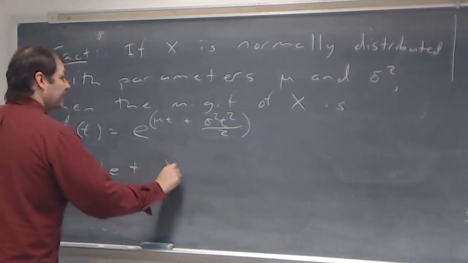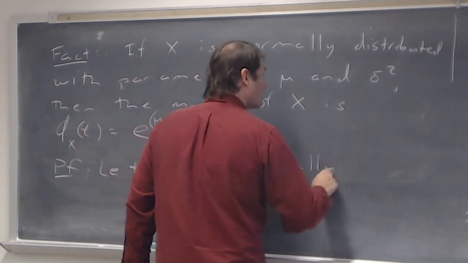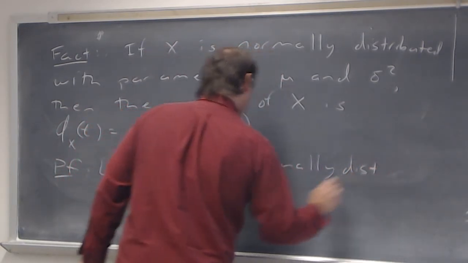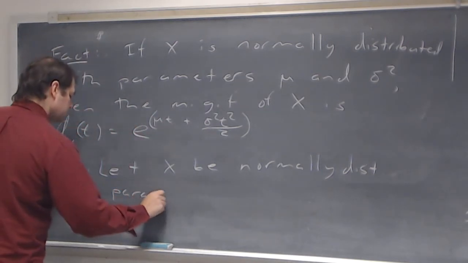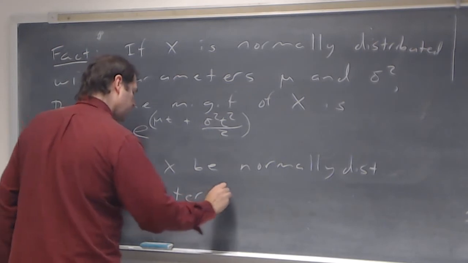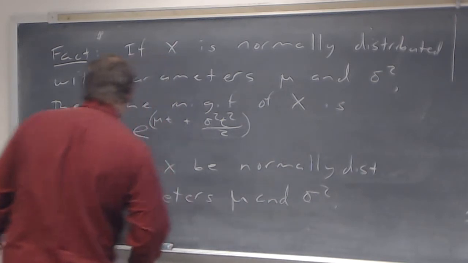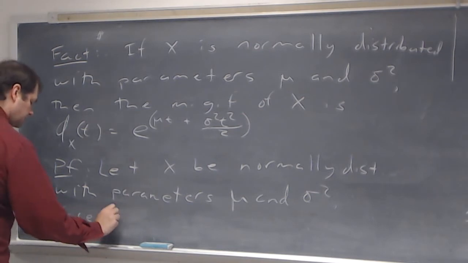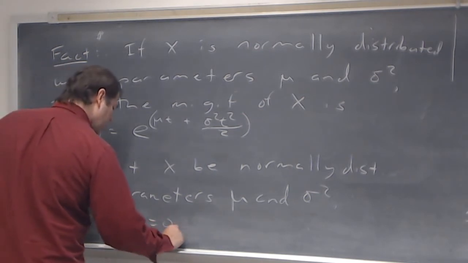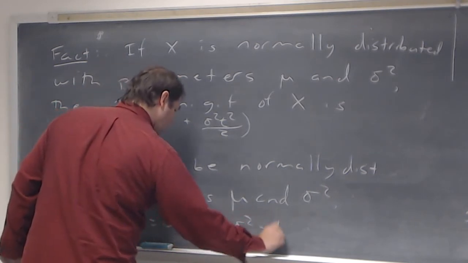So let x be normally distributed with parameters mu and sigma squared. Then we're going to do, first of all, case 1, that mu is equal to 0 and sigma squared is equal to 1.